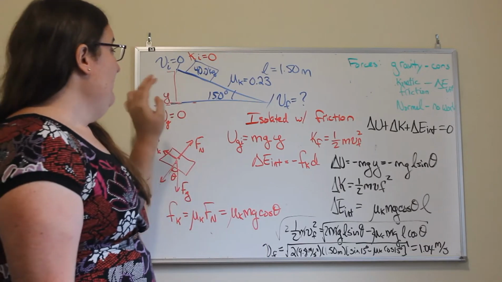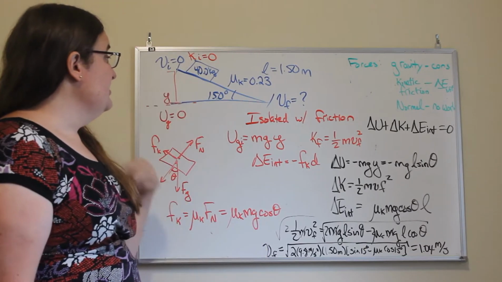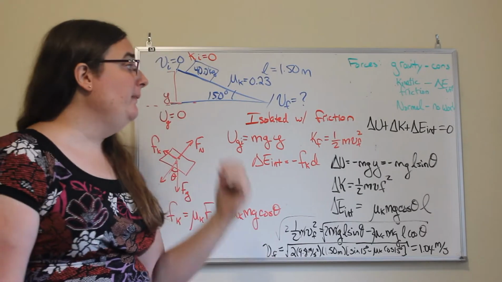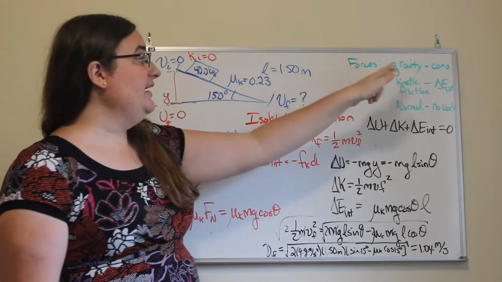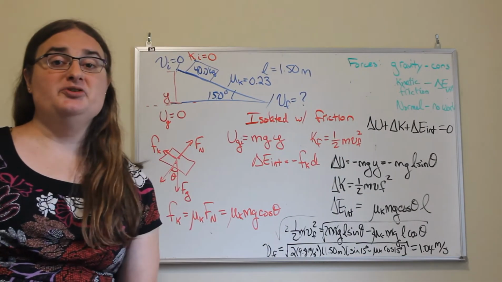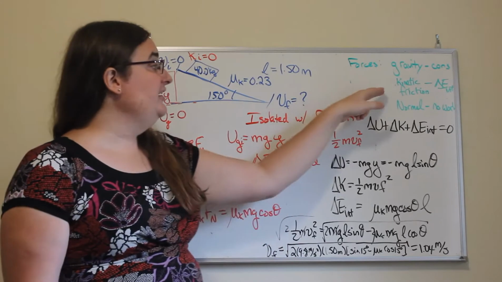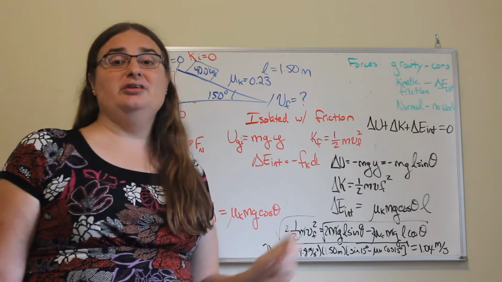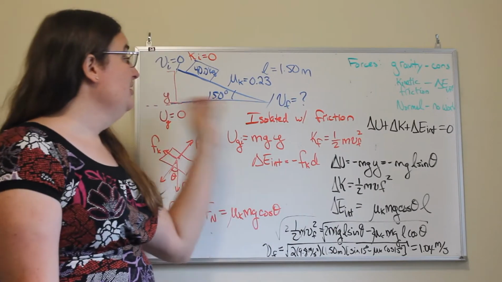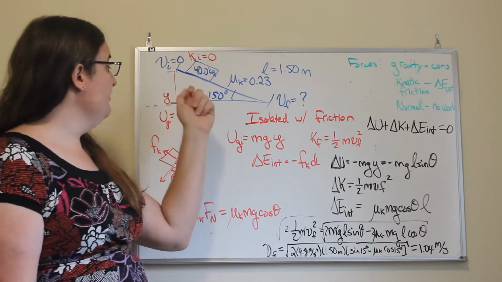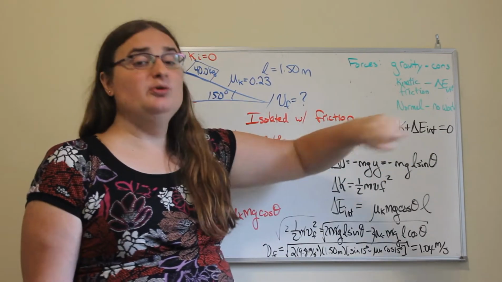Now, at first, this doesn't necessarily seem isolated because that object is touching a ramp, but when we look at the forces, gravity's involved, and gravity's a conservative force, so that's going to show up as potential energy. We have kinetic friction, which we said is really a change in internal energy, so friction is separate from the other forces, and the only other force we'd have to deal with is the normal force.